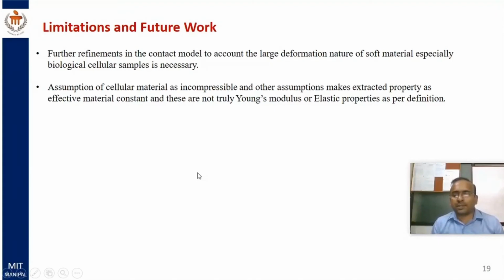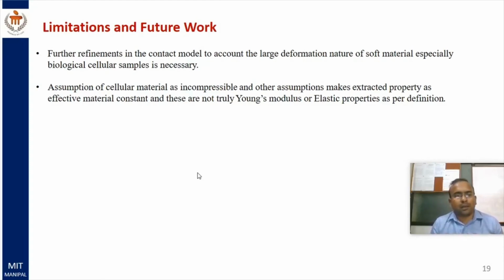About the limitations and future work. In this presentation, we have shown that one of the major assumptions in the classical contact model is being overcome, that is the infinite thickness assumption or elastic half space assumption. But apart from that, there are many other assumptions still there in the classical contact model that need to be overcome, and they are also carried over into this substrate corrected model.